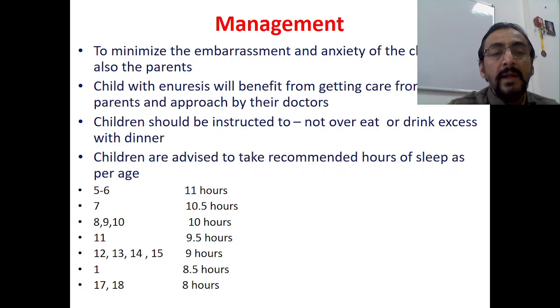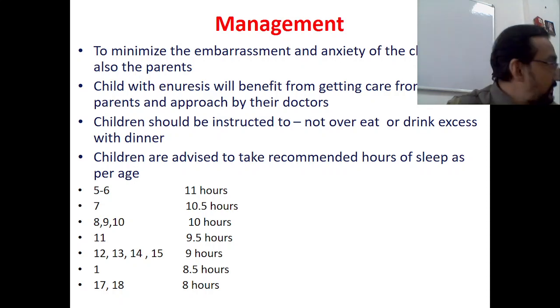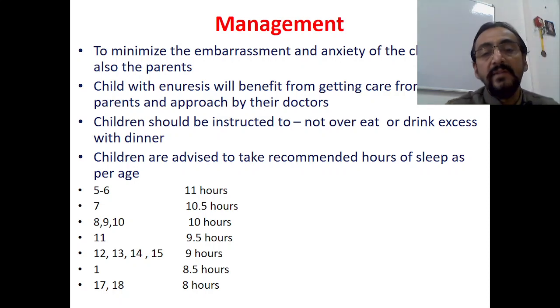At 11 years, 9.5 hours. At 12, 13, 14 and 15 years, about 9 hours. And later onwards, on average, about 8 hours of sleep. Anything more than this is restricted. This much minimum sleep they should have.